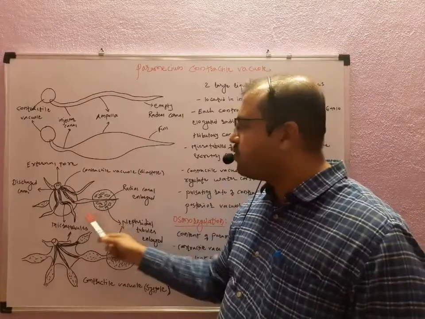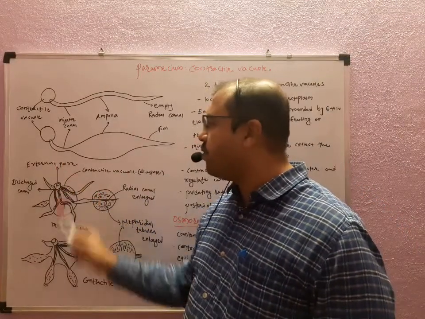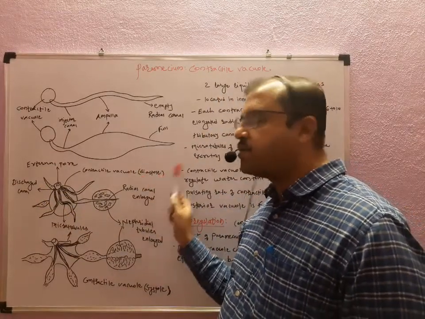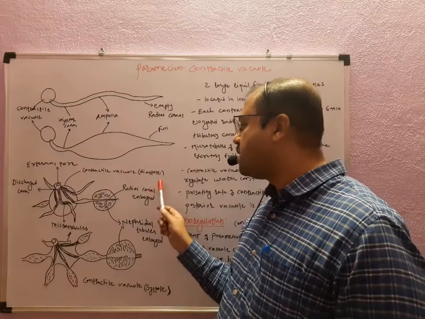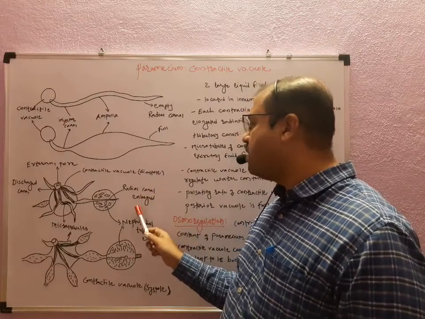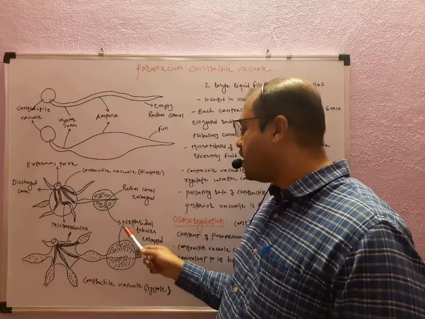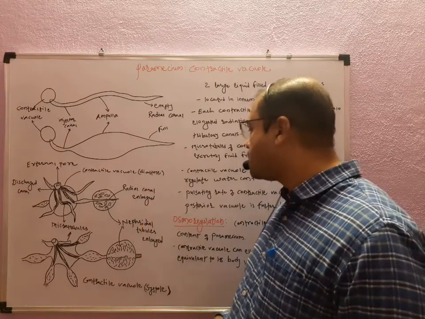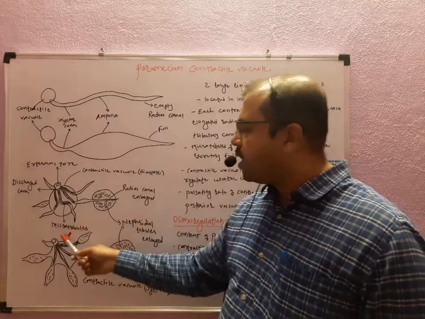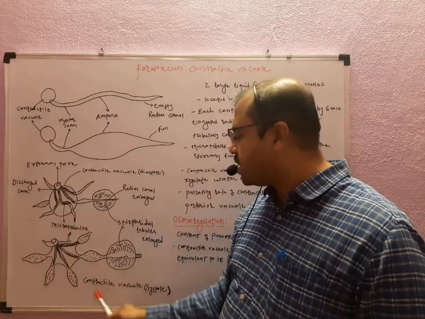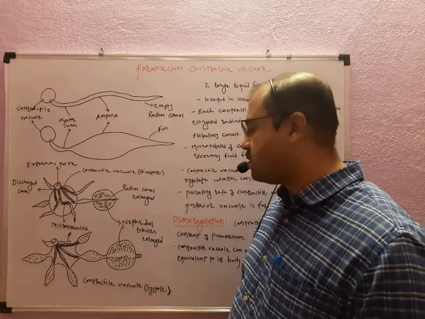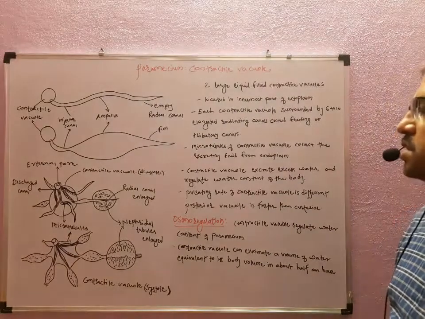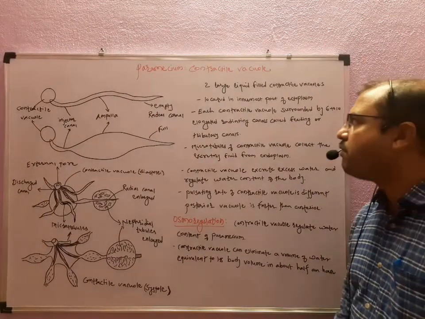And here the figure shows the external pore, discharge canal, and contractile vacuole in diastole position, that is the relaxed position, the radial canal which is elongated, and the nephridial tubule, which is also called the microtubule. Here the contractile vacuole is in systole condition, with this bulgy structure. So this is about the contractile vacuole.